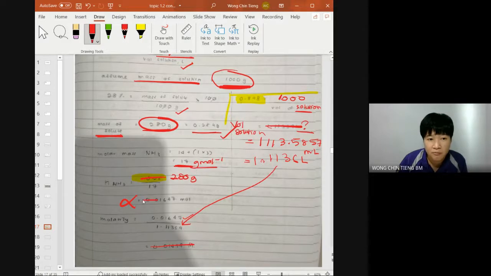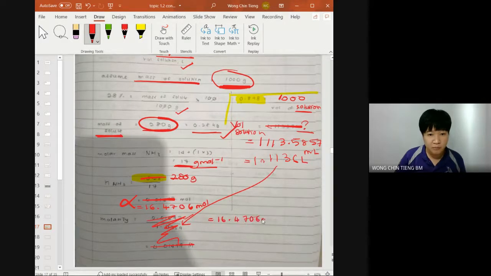So number of mole yang dia kira should be 16.4706 mole. So molarity dia akan jadi 16.4706 mole of solute over the volume 1.1136 liter. And then only your answer should be correct.